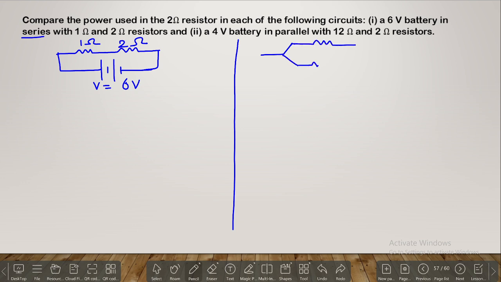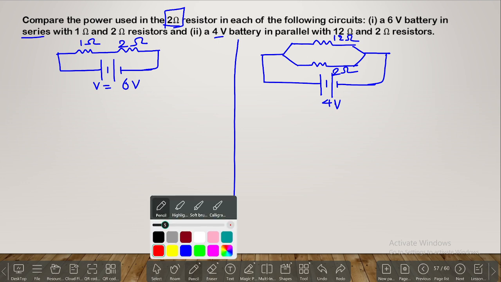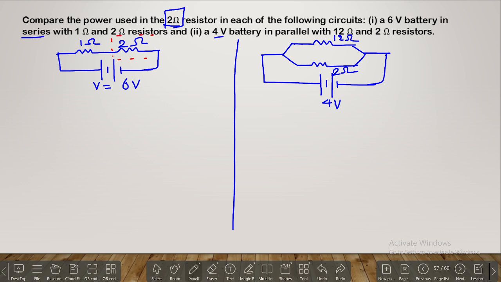Parallel means we all know it's in the form of a common point, which is connected to a battery of potential difference V equal to 4 volt. And then what is the resistance value they gave? 12 ohm and 2 ohm. In the question they are clearly asking to compare the power in the 2 ohm resistor alone. That means we are going to calculate the power in the specific resistor only.